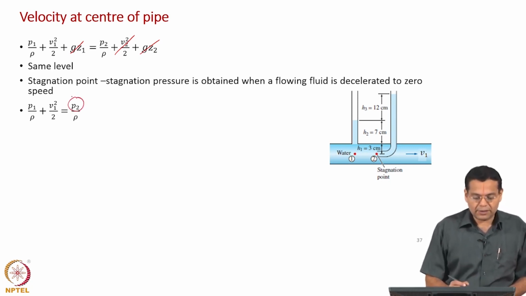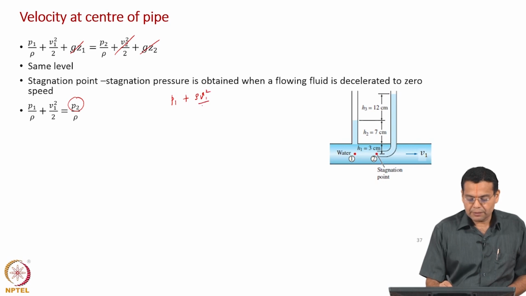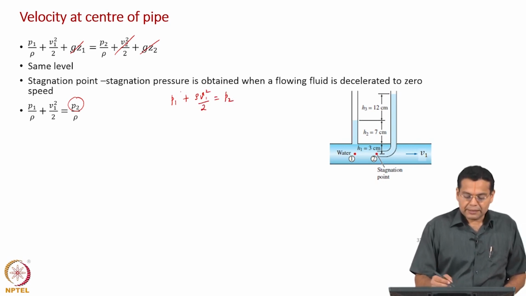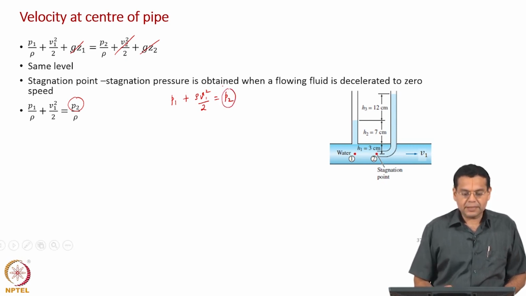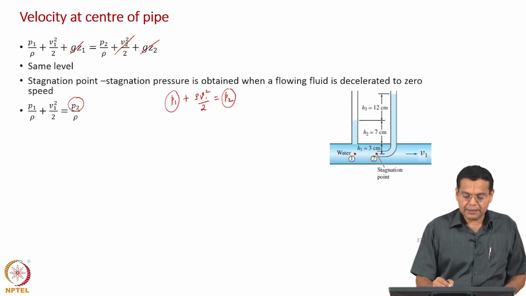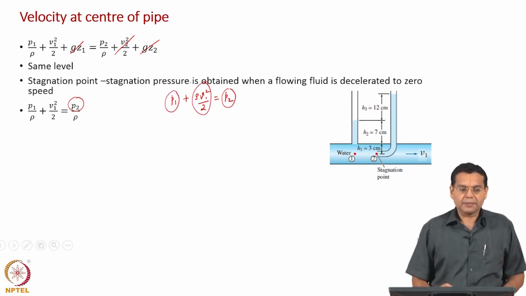Now, this P2 is called the stagnation pressure. If you take rho to the left hand side, what do you have? You have P1 plus rho V1 squared by 2 is equal to P2, and that is why the question said the P2, the stagnation pressure, is equal to the static pressure plus this term, which is called the dynamic pressure.